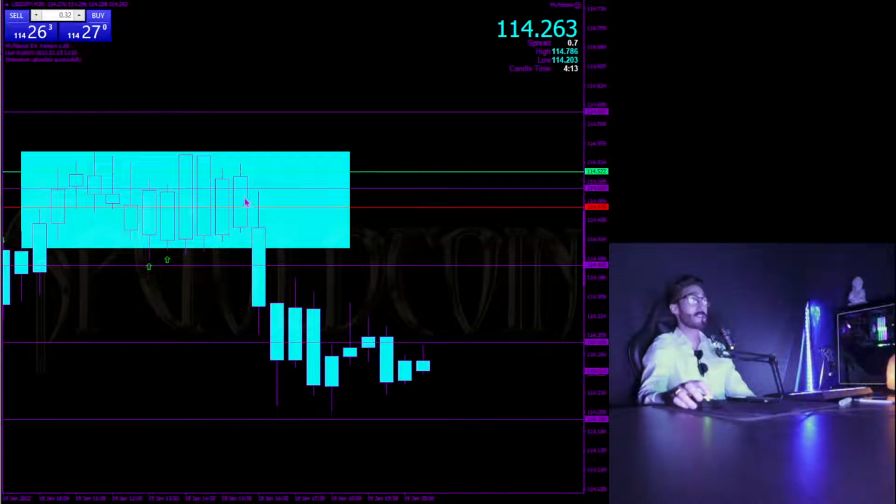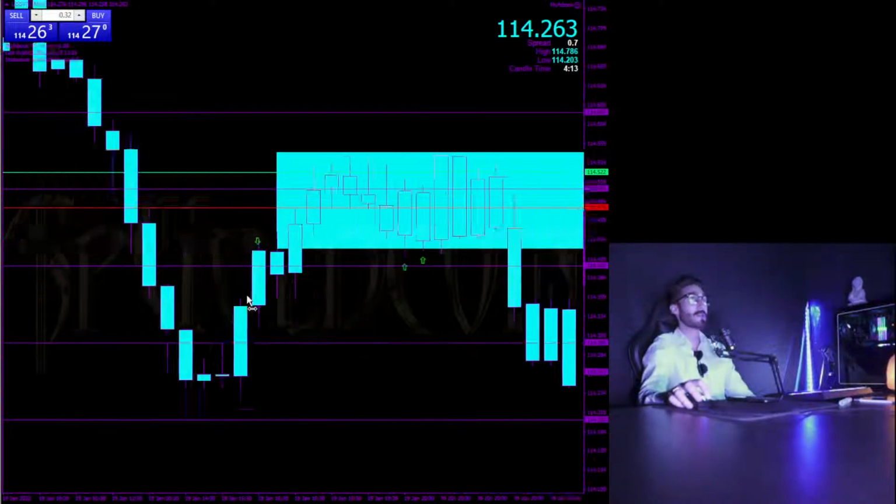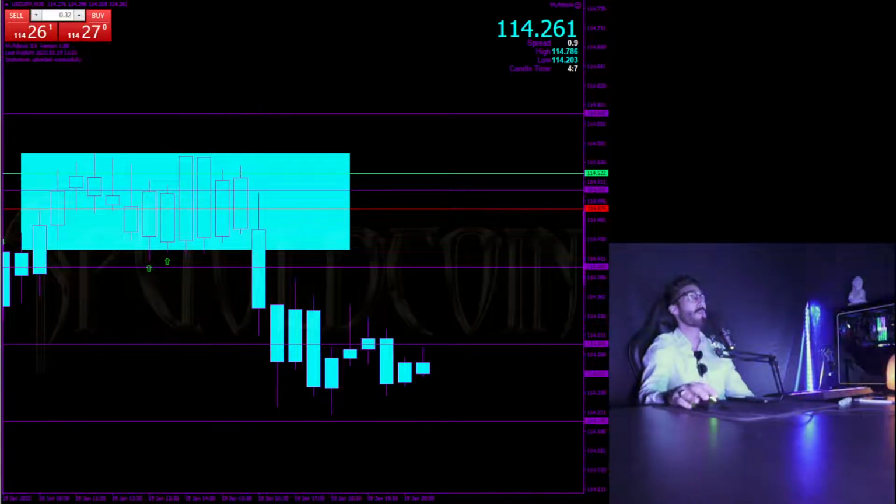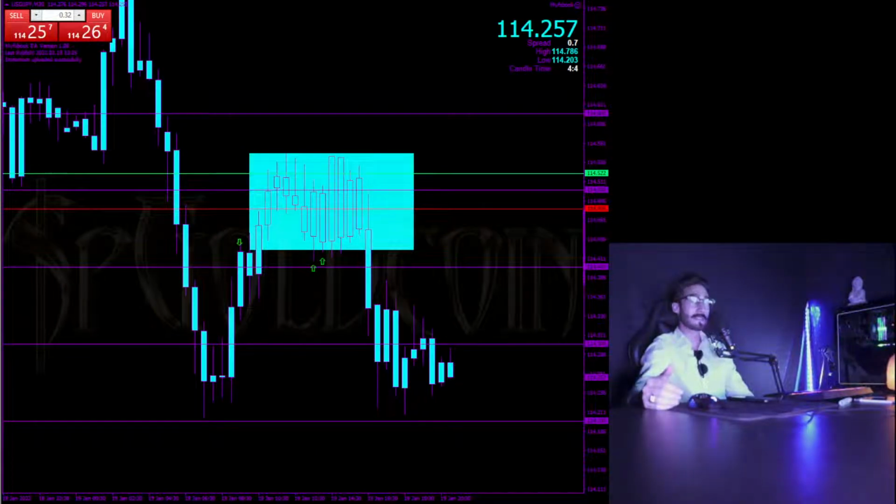I took advantage of the range it had to come back down towards 114.4, in case it did what it did and came all the way down to 114.255.